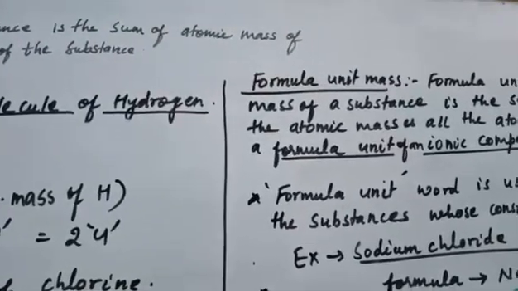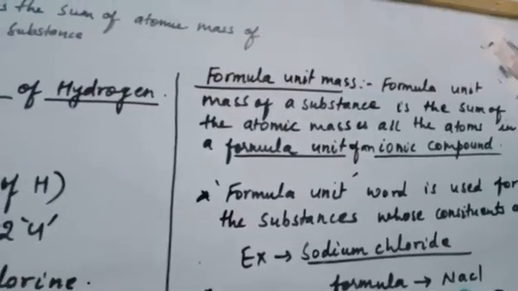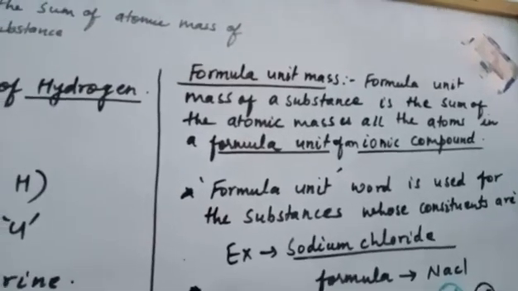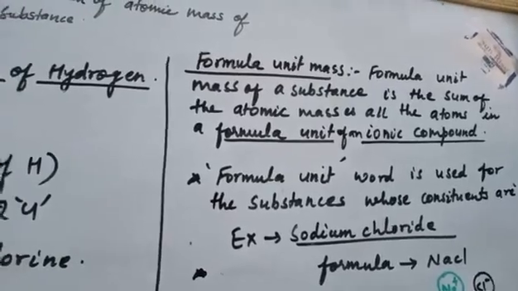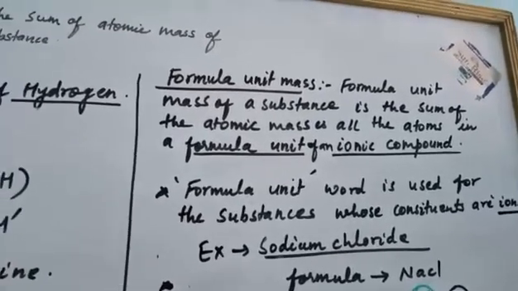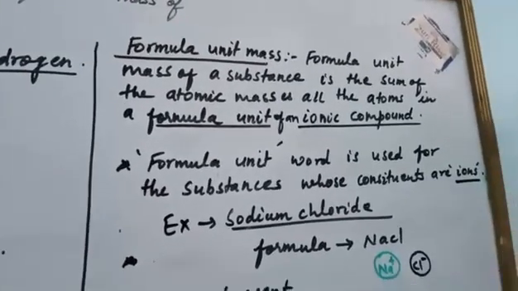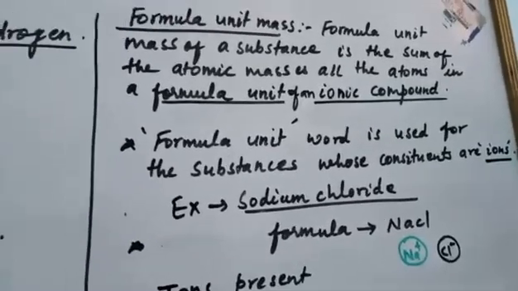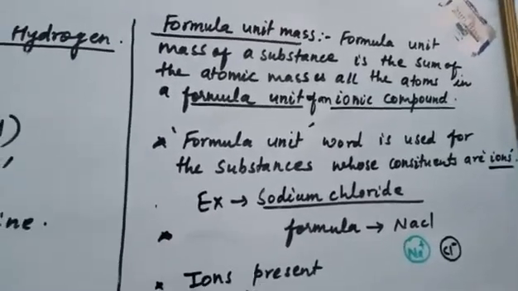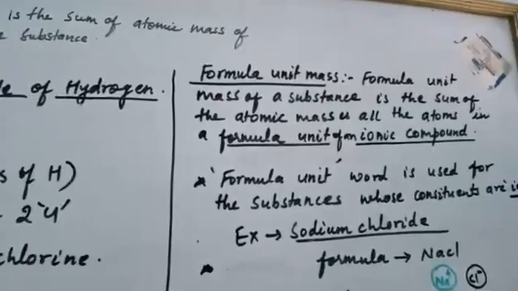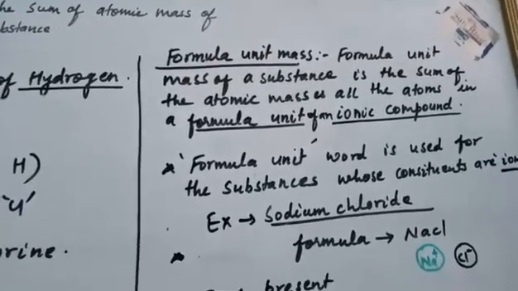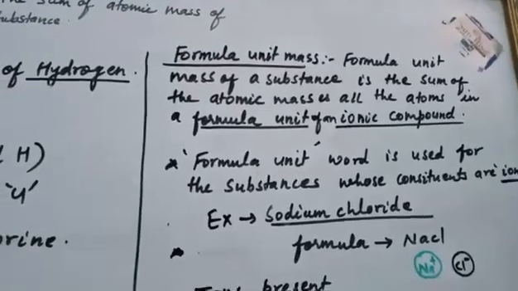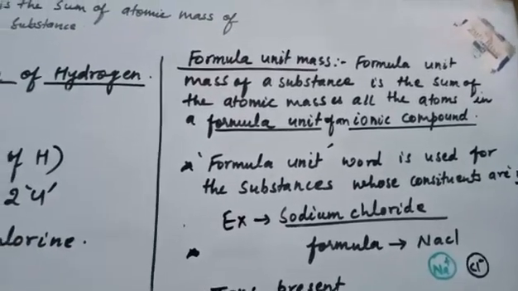Formula unit mass is the same as molecular mass, just that we use formula unit mass to calculate the mass of one molecule of an ionic compound. We use this word for ionic compounds, and molecular mass we use for general compounds.